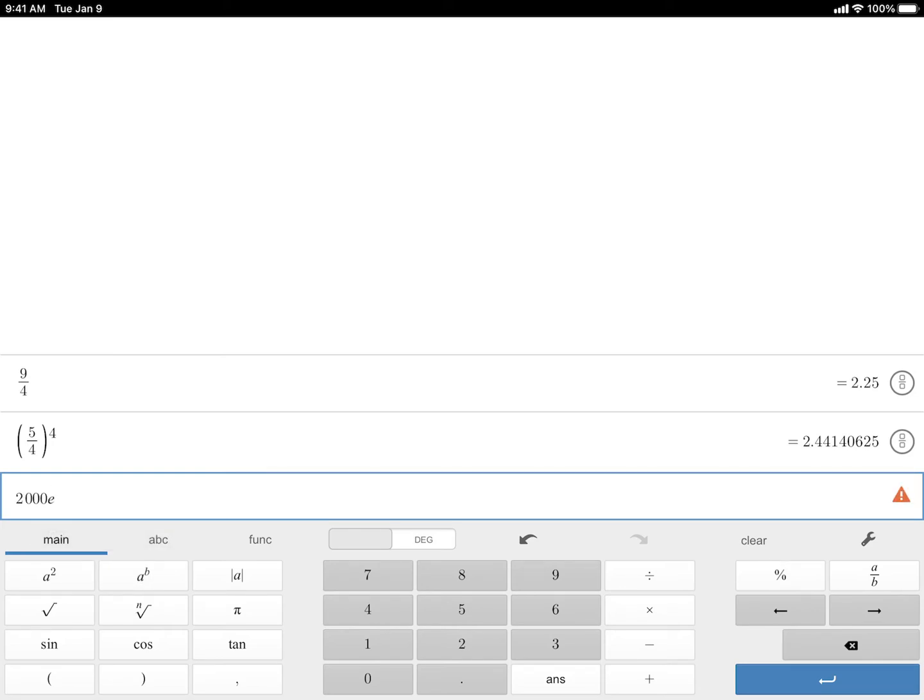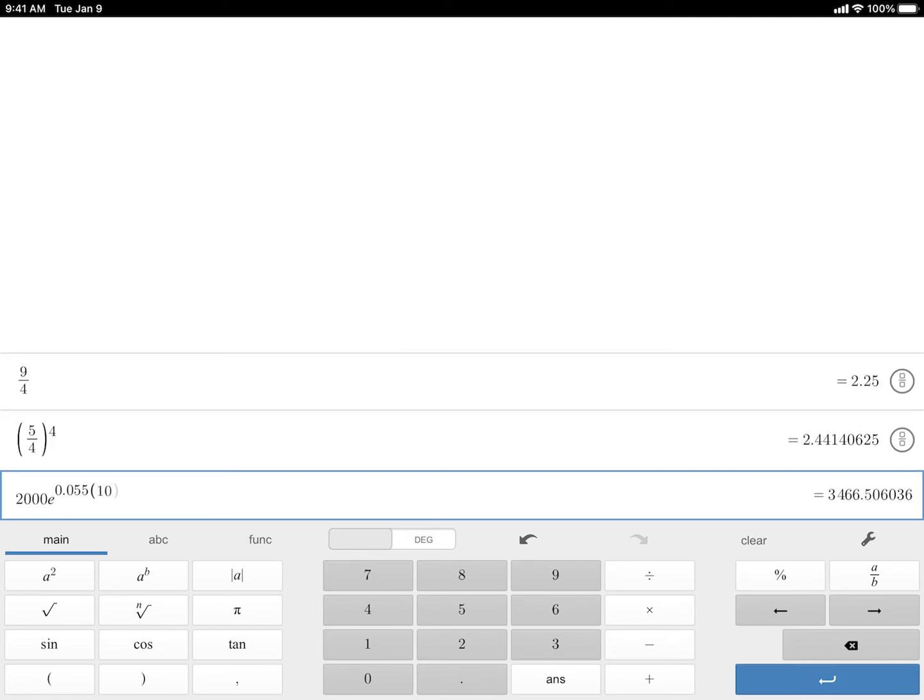To the, and then this is where we're going to get kind of weird. So I'm going to type in 0.055. Now instinctively you want to go times 10, but if you look at it, Desmos automatically takes the 10 out of the exponent. Okay? Exactly. You want to use parentheses instead. So 0.055 and then parentheses 10 and parentheses. And that'll give us our actual value.